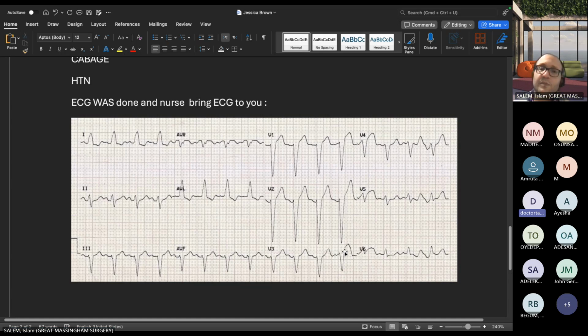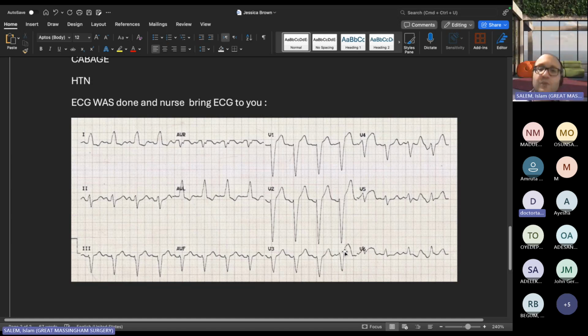If this is discordant, and more than five small squares, and the QRS here is negative, then I would think this is more likely a new left bundle branch block consistent with a new myocardial infarction.